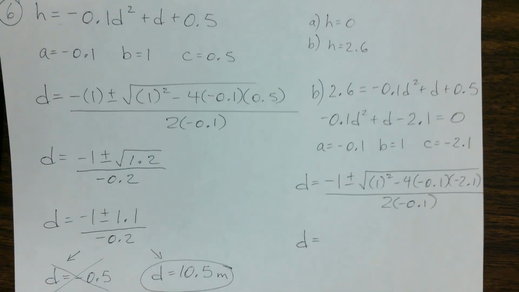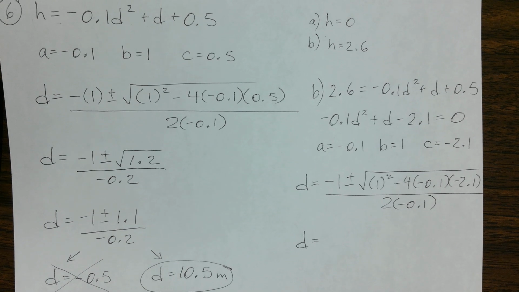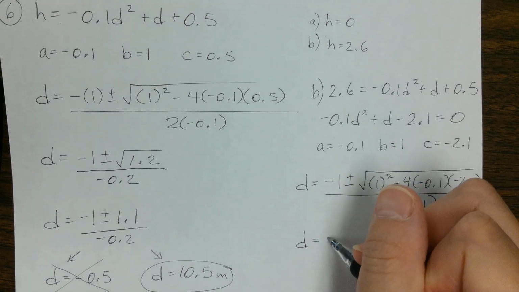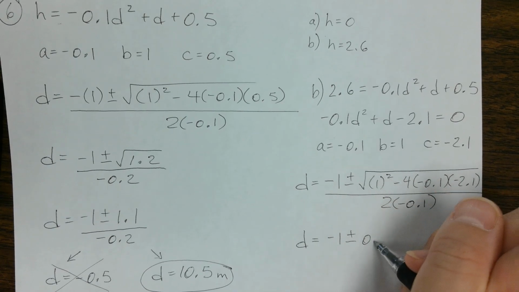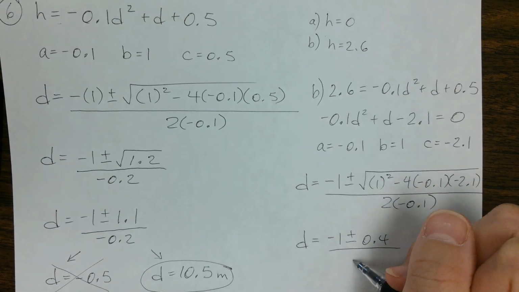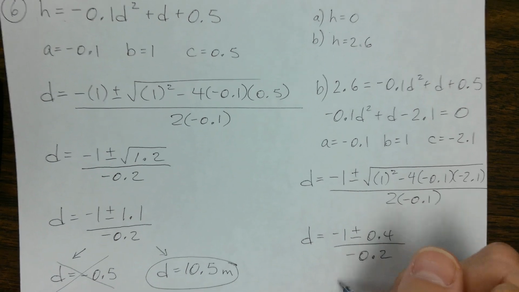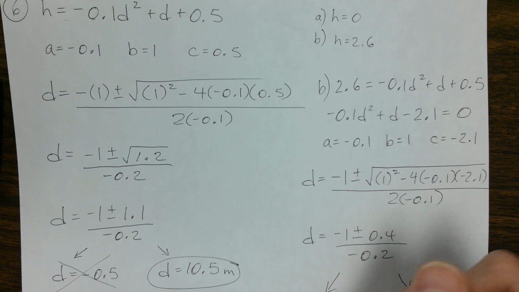All right, so D equals 1 minus 4 times negative 0.1 times negative 2.1, 0.16, square root that, 0.4. So negative 1 plus or minus 0.4 over negative 0.2. Do my two answers.